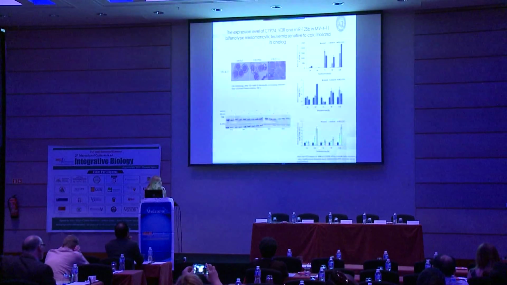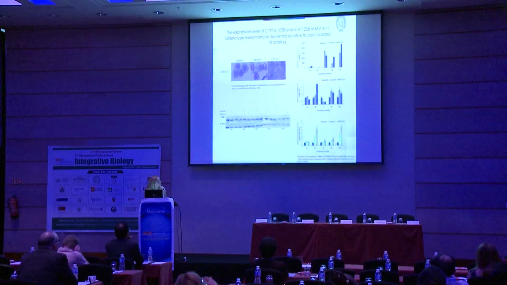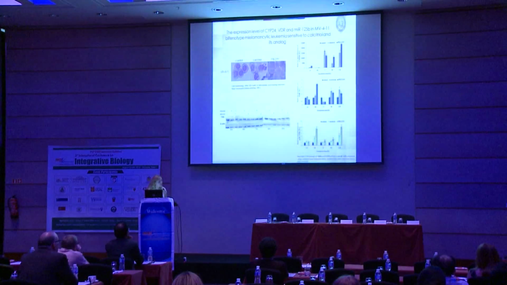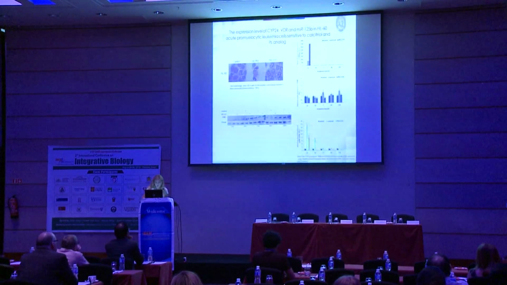The opposite situation was when the microRNA level was low, the CYP24 expression was upregulated. We didn't observe any correlation or any changes in this microRNA expression with VDR on mRNA and protein level.